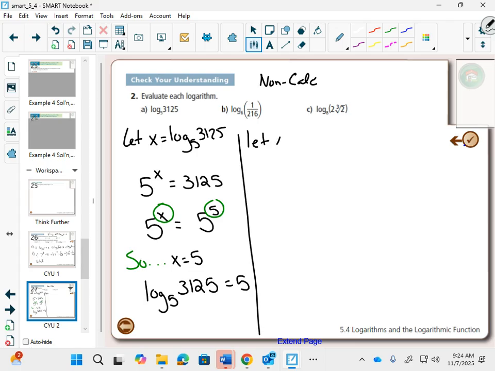I let x equal log base 6 of 1 over 216. And so my base is 6, my exponent is x. Are 6 and 216 on our powers chart? Yes. 216 is 6 cubed.